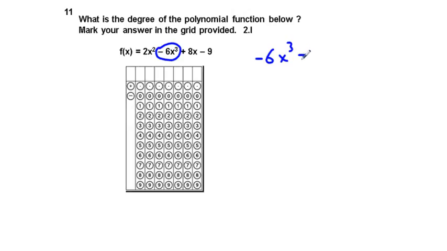And this is going to be of degree equals 3 because of the power. So if you just mark 3 here, you can put a +3, but it really doesn't matter, and then just mark it in your grid here, you're going to be able to get full credit for this. Again, the plus sign is not necessary. Plus is already assumed.